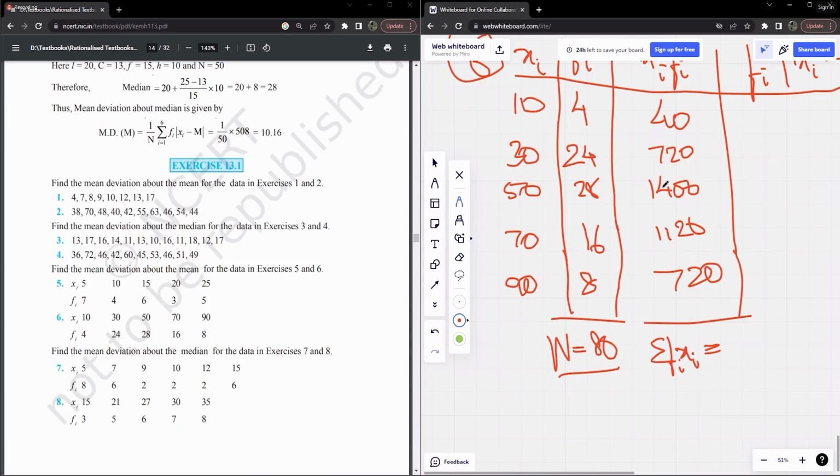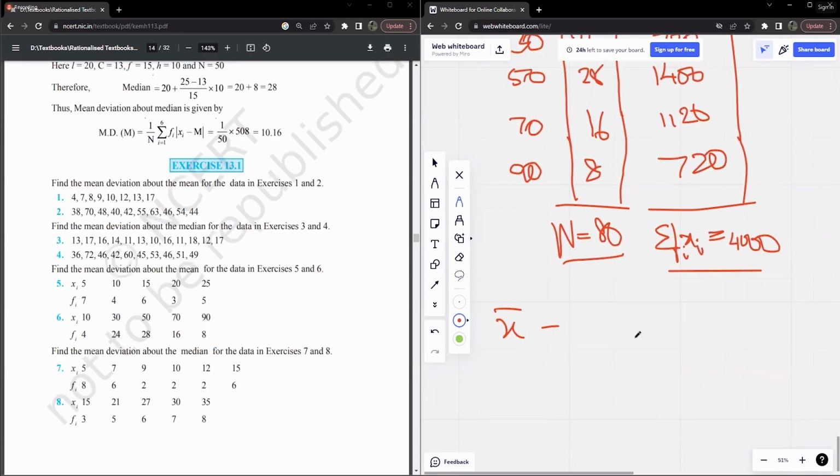Plus 1400 gives me 2840. Plus 40 is 2880. And that plus 1120 is going to give me 4000. Exactly 4000. So therefore, your mean is going to be equal to this divided by this. I'm directly cancelling, I'm not writing the step. So your mean is going to be 50.